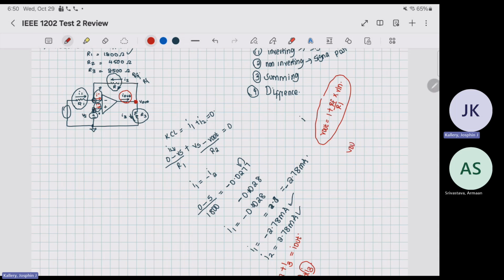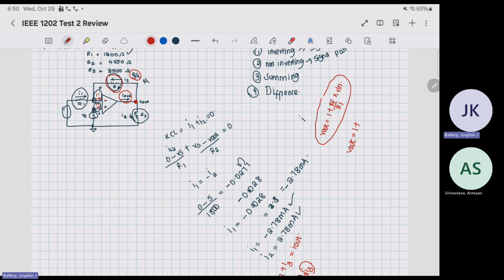So V out is equal to 1 plus, as I told you at the start, this resistor here is always called RF because the output is going back to the inverting input. It's like a negative feedback.